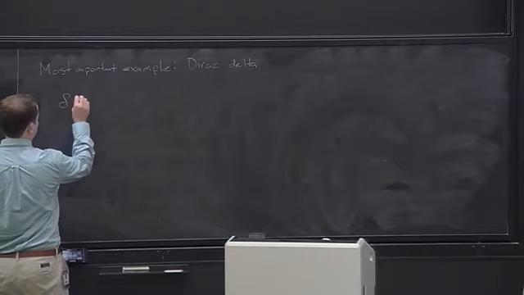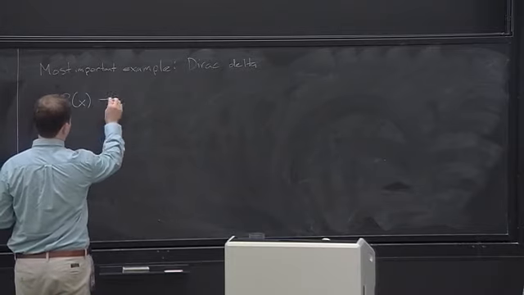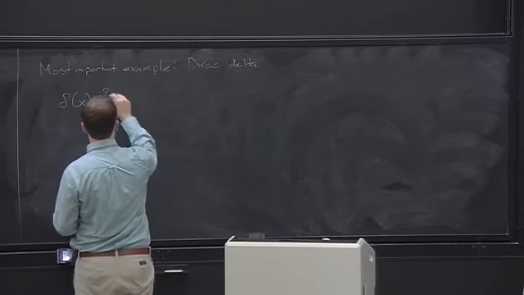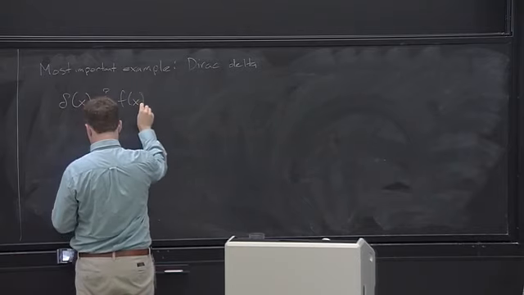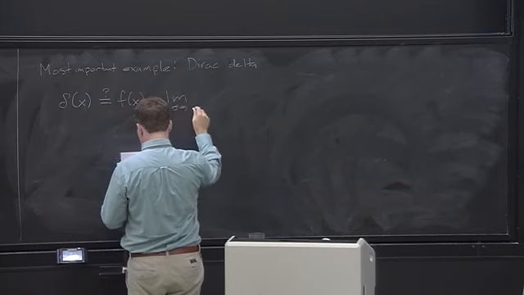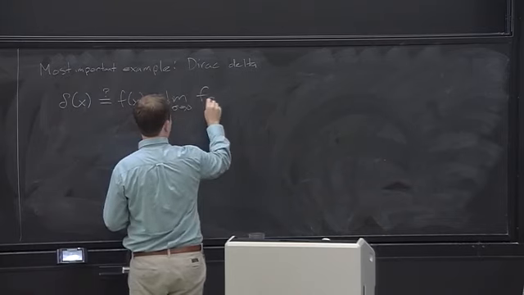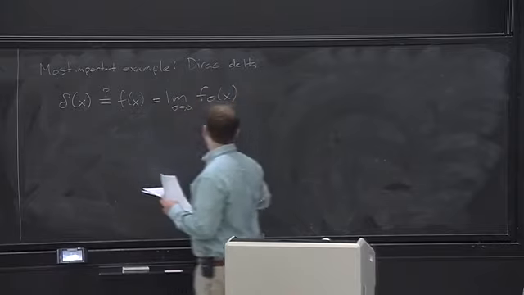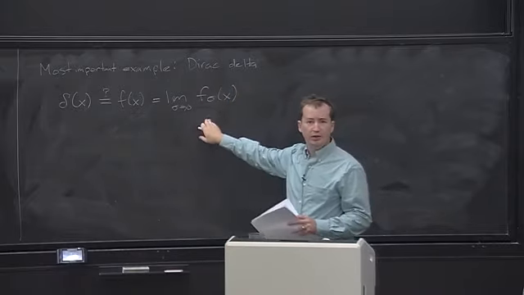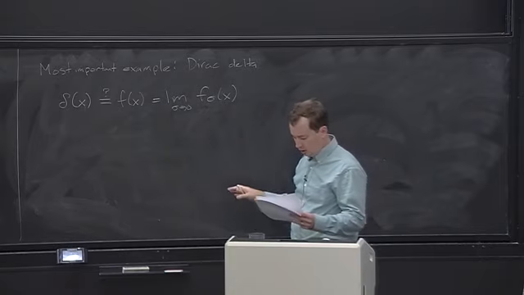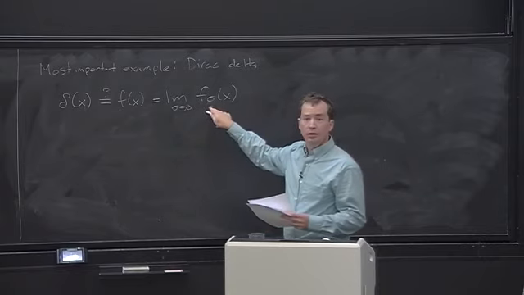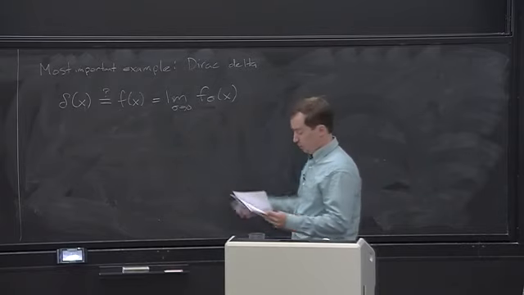So we usually think of the Dirac delta as a limit of a sequence of functions that become more and more peaked at 0, and where the integral of each of these functions is 1.